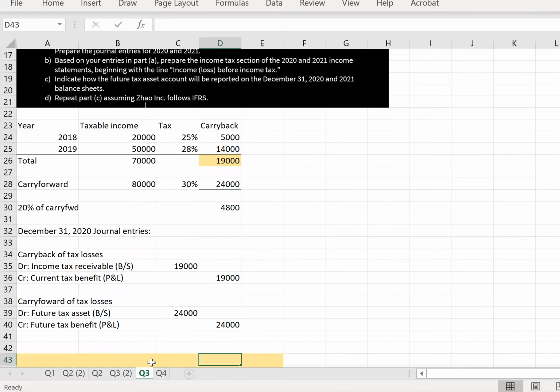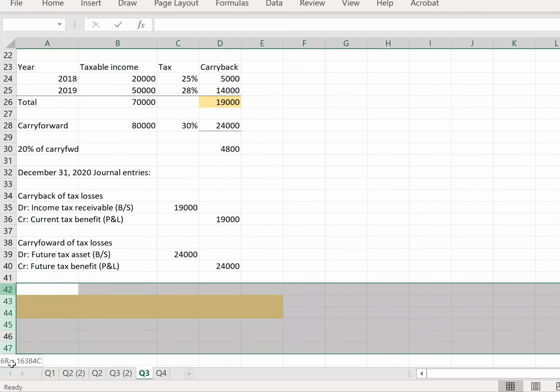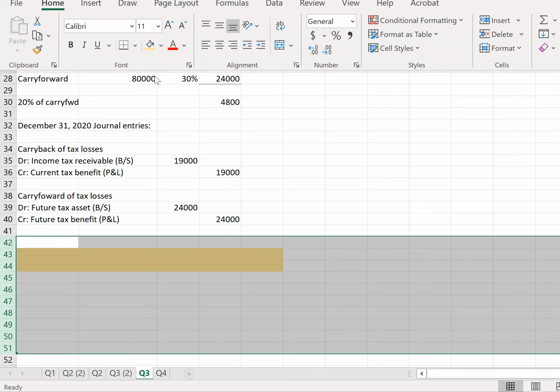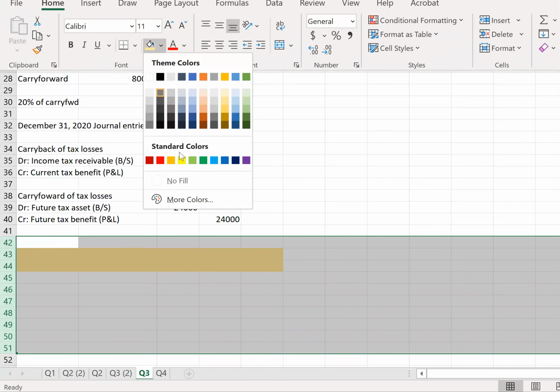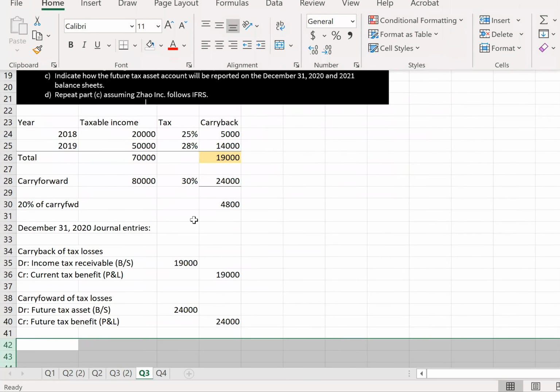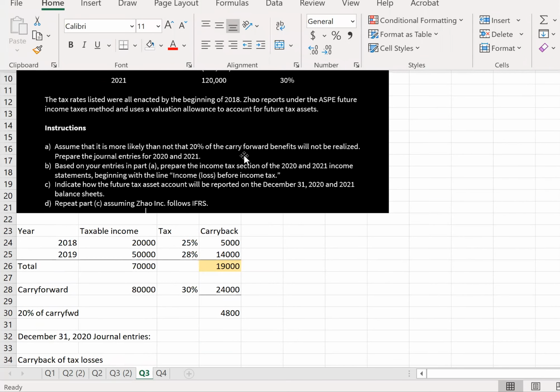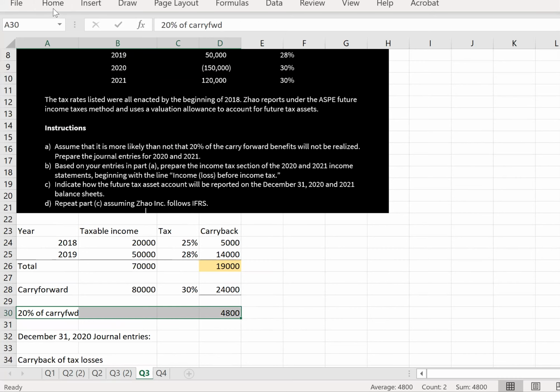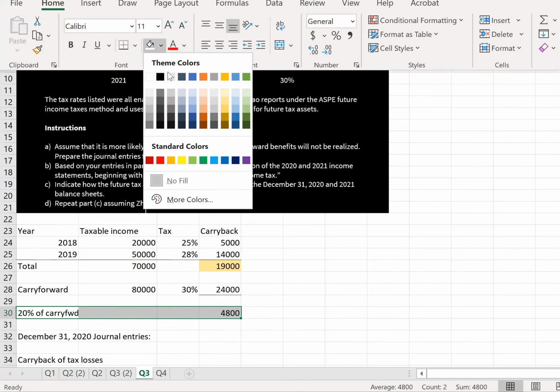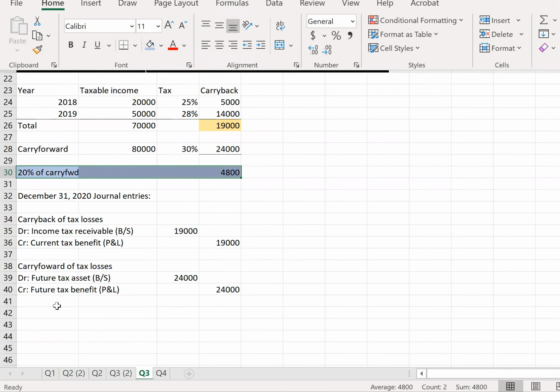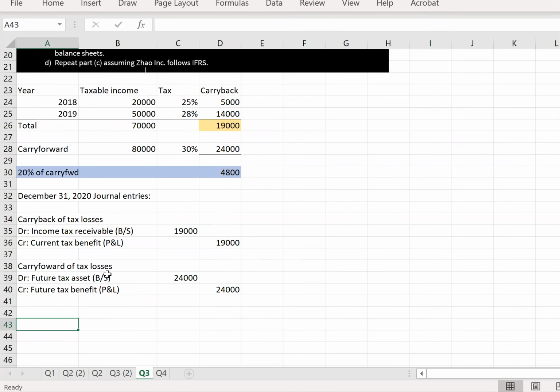And there's one more thing we need to do, and let's not forget about that, is we need to recognize this allowance. So remember how in the question it said, assume 20% of the income tax carry forward benefits will not be realized. And we calculated that amount right here, which is just 20% of the 4,800. So we need to put an allowance here. So ASPE allows us to have an allowance, which means we don't hit the future tax asset on our statement of financial position directly.